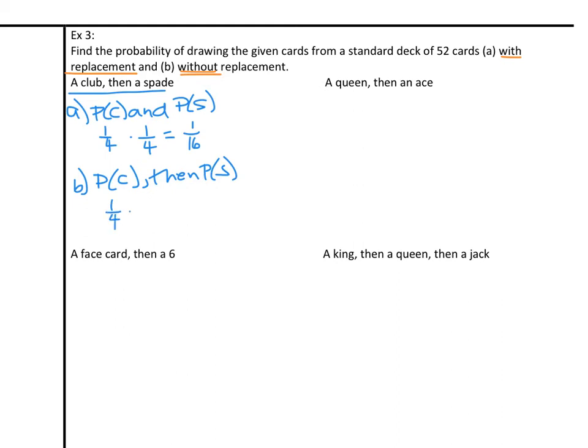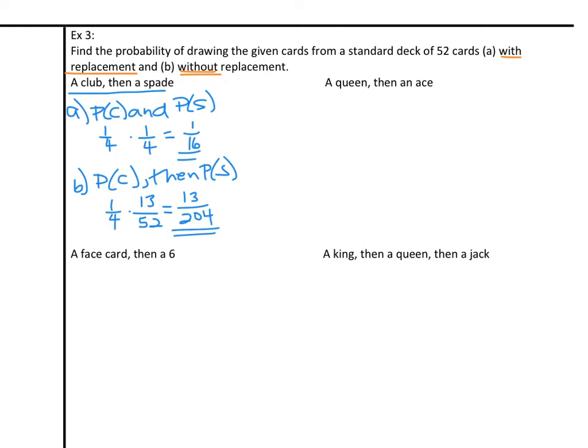That doesn't change. But now our probability of selecting a spade with the cards that are left over is slightly modified. There'd still be 13 spades, but now there are only 51 cards instead of 52. That changes our value, which would be 13 out of 204.